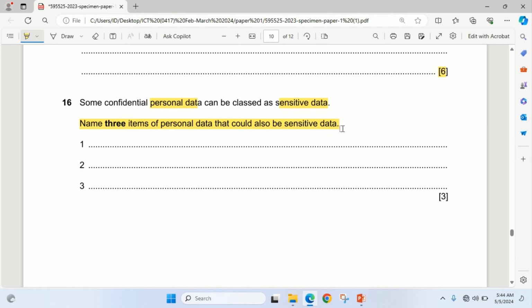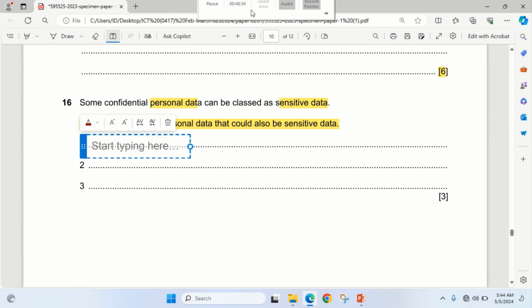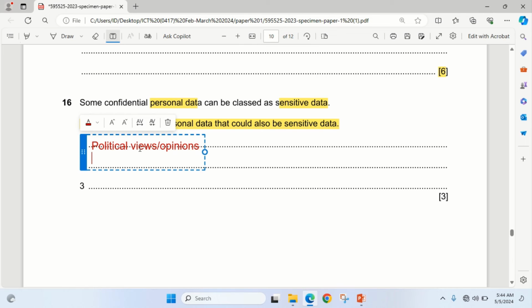So racial origin, political views or opinions, those are points that you can mention. Medical record, we have access to medical record of a person.